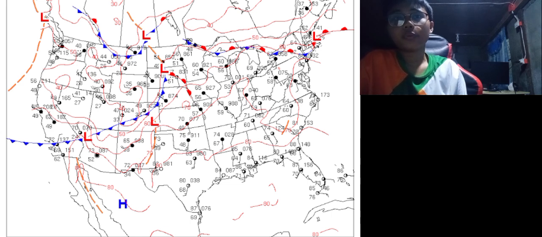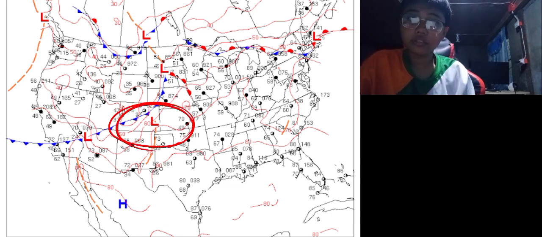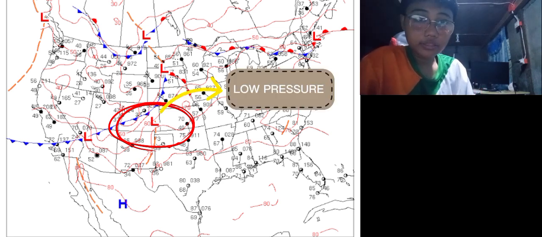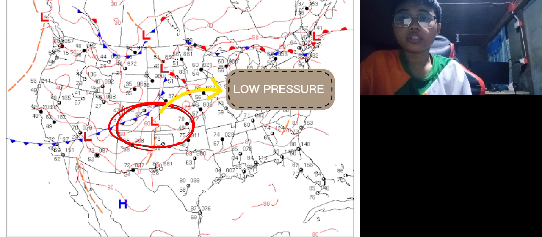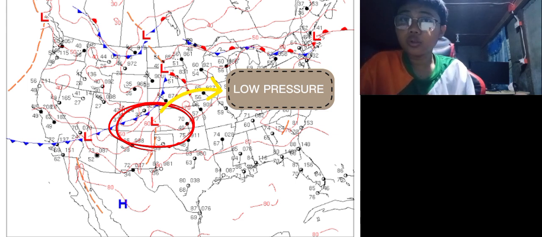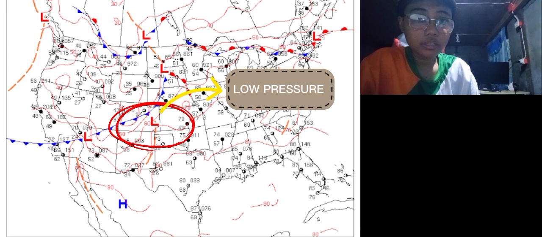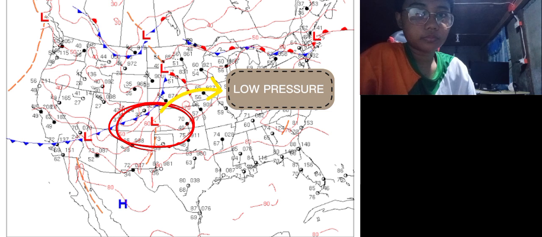In contrast, we also see here a large red L symbol, which indicates low pressure areas. In contrast to the calm weather of the high pressure areas, in the low pressure areas we can expect cloudier skies or maybe even storms and thunderstorms.